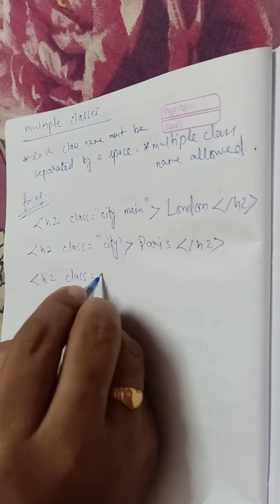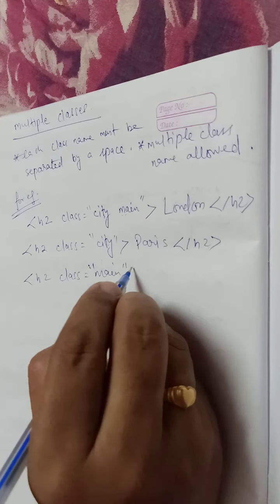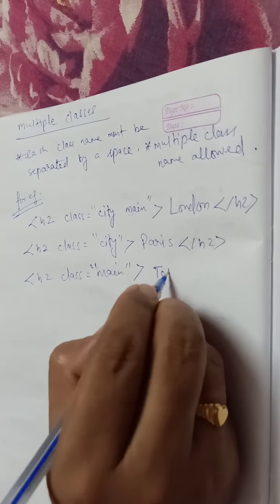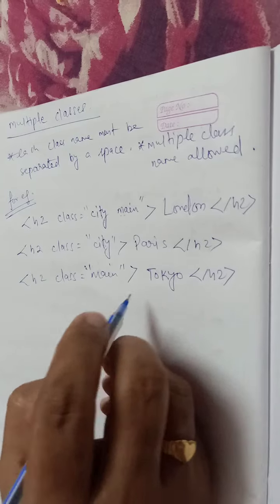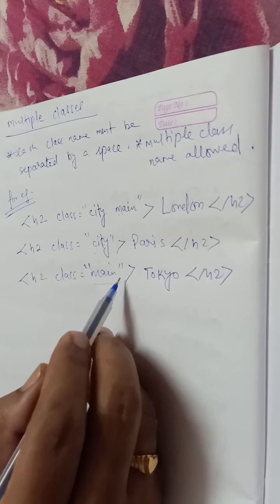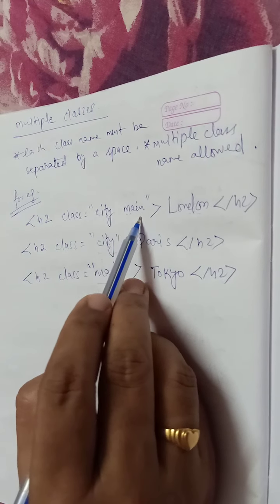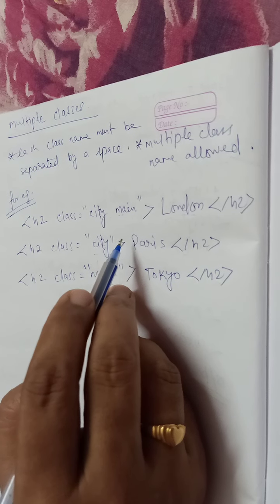Another class is main, which I am applying separately to the other heading. So this will have one style, this will have one style, but London will have both the styles which have been mentioned in city and main.